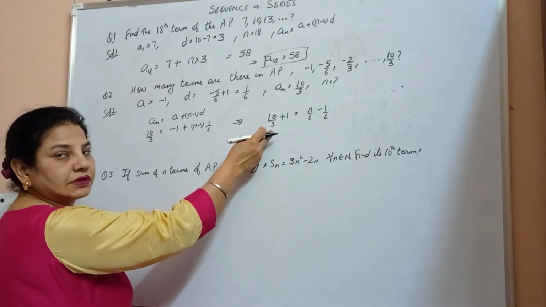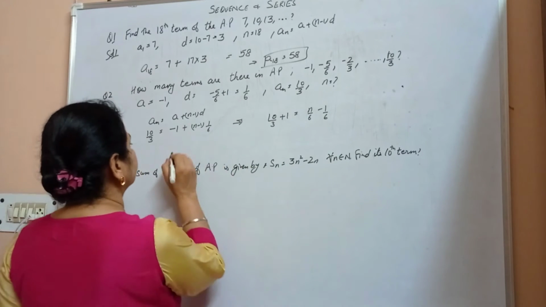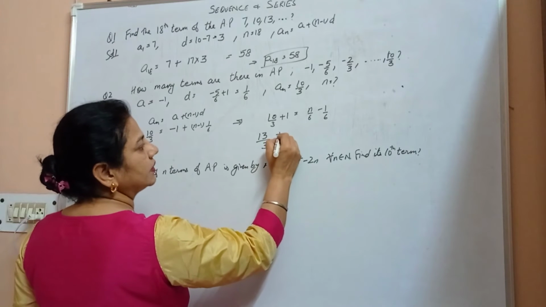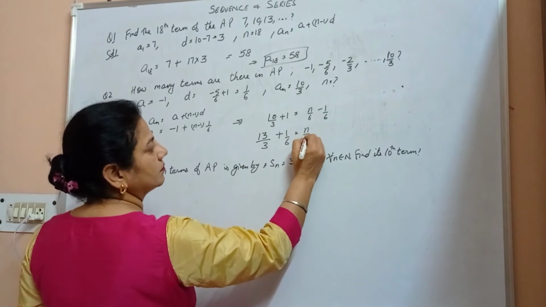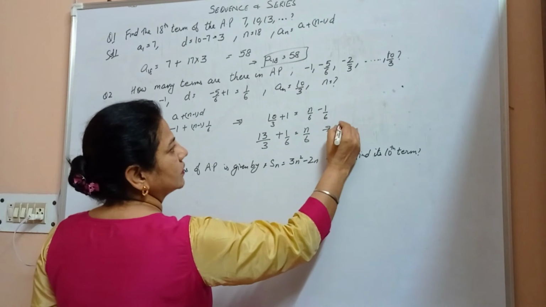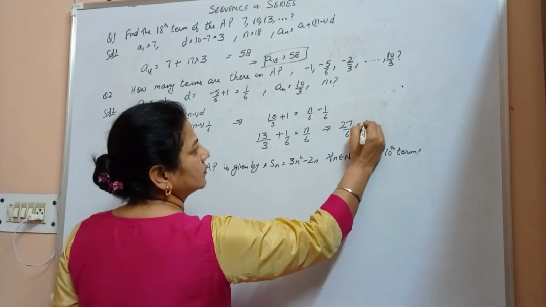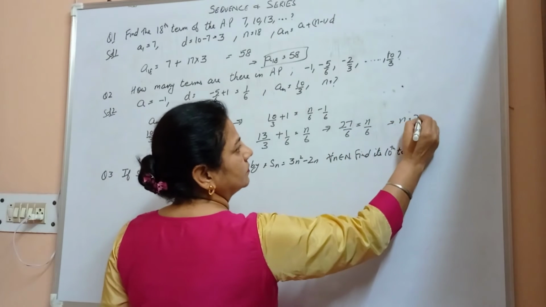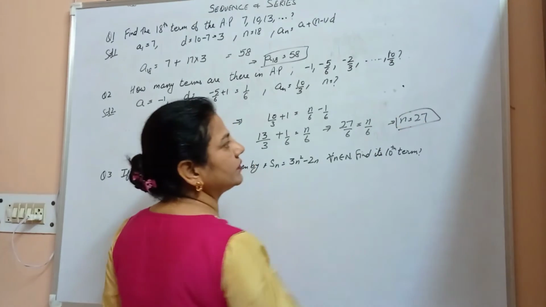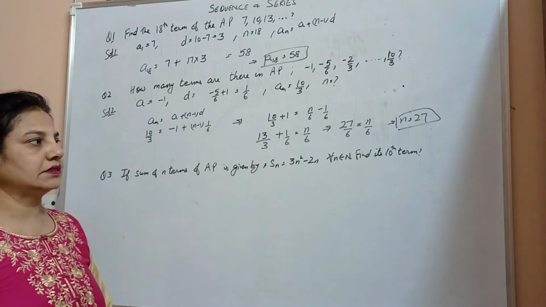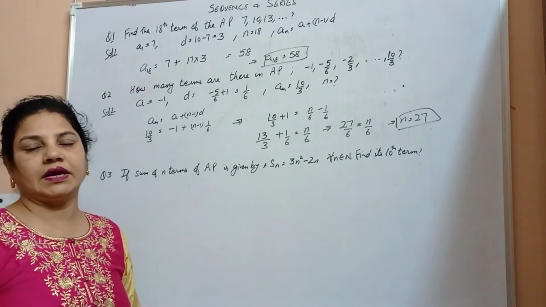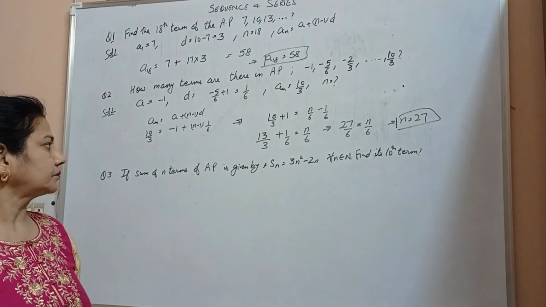Take the LCM: 13 by 3 plus 1 by 6 is equal to n by 6. This implies 27 by 6 is equal to n by 6. Hence we can say that n is equal to 27. So the number of terms is 27. The denominator 6 is cancelled out, or cross multiply, and we get n as 27.